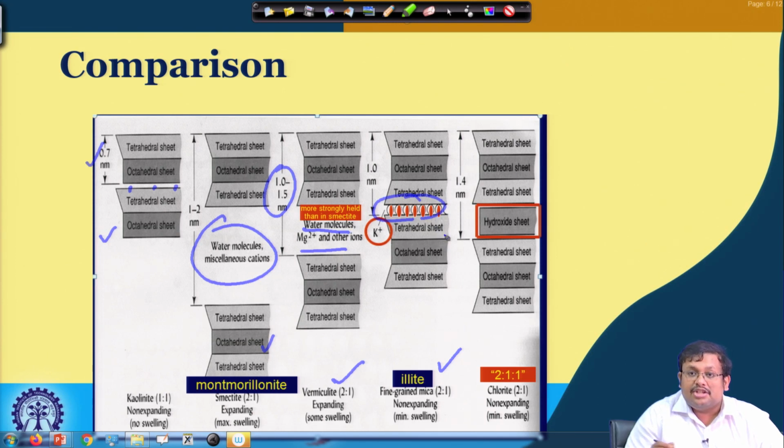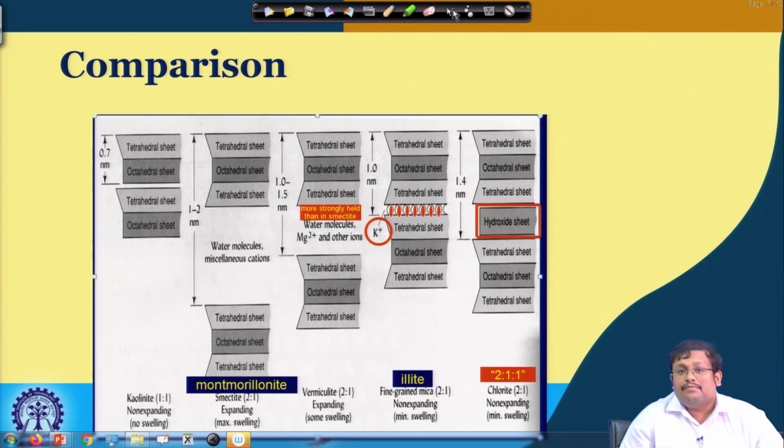The interlayer space is dominated by potassium, and it shows restricted swelling, and the d-axis spacing is only 1 nanometer. In case of 2:1 type chlorite, it is basically dominated by the hydroxide sheet in the interlayer space, giving a locked structure. So, this is a visual comparison of different important clay minerals, showing their structural differences.